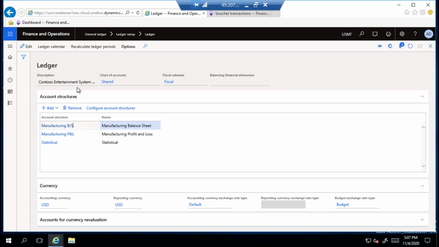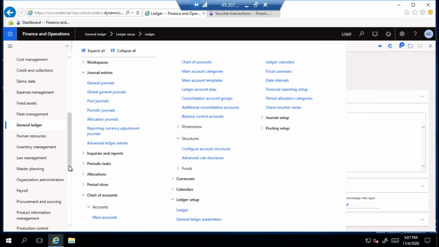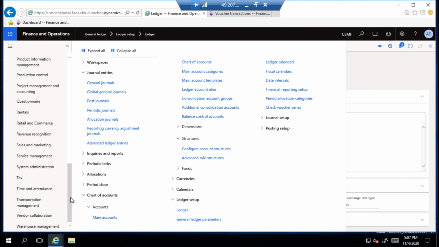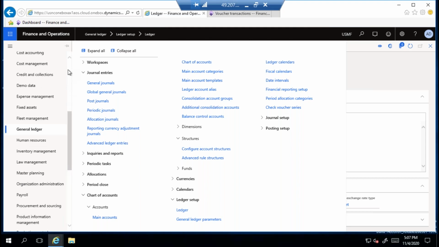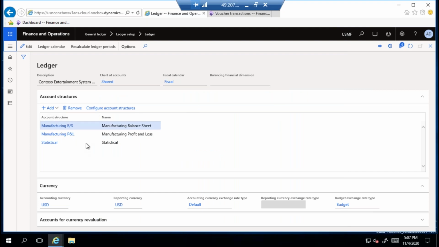It is not only finance, it is for every module. There are so many modules. You will find manufacturing processes, production control, master planning, any module. Am I right? Each and every module will validate this accounting structure.